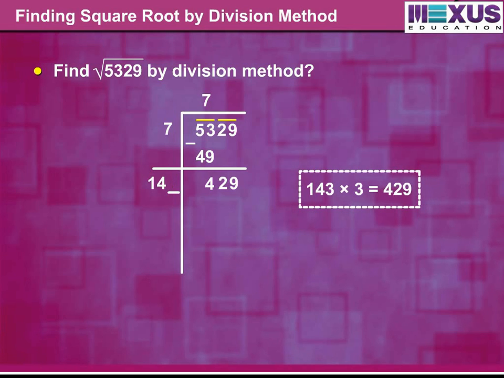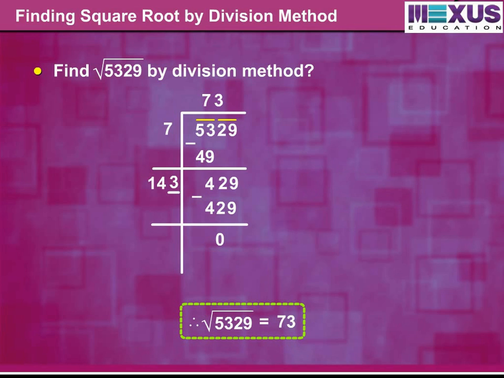In this case, we see that 143 into 3 is equal to 429. So the new digit in the quotient is 3. Since the remainder is 0 and no bar is left, therefore the square root of 5329 is 73.